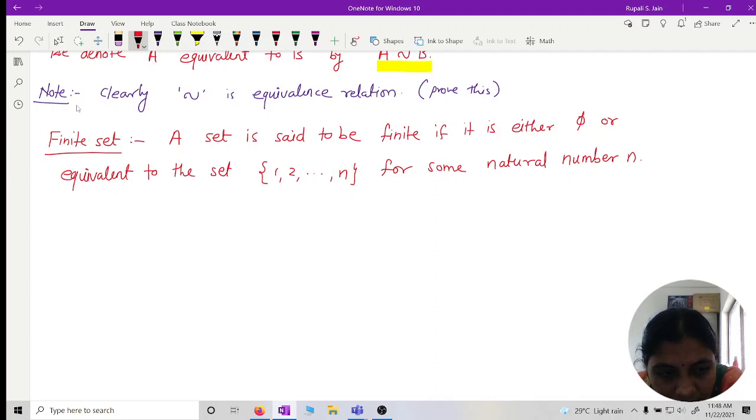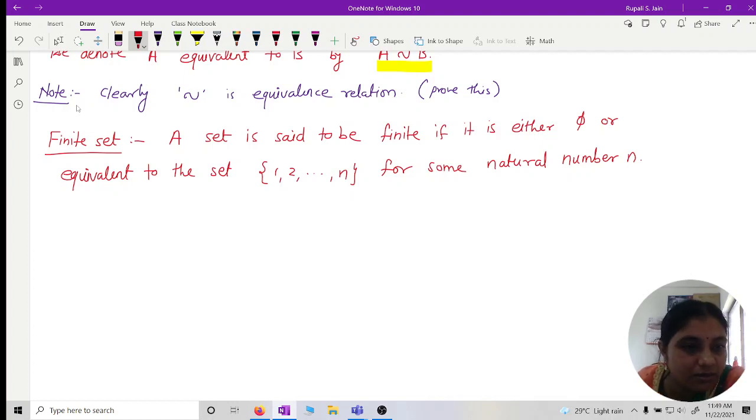Whether it is a finite set? No, ma'am. Can you give me a natural number for which it is equivalent to 1 up to n? It is not a finite set. The integers are an infinite set. Okay, let me define infinite set.